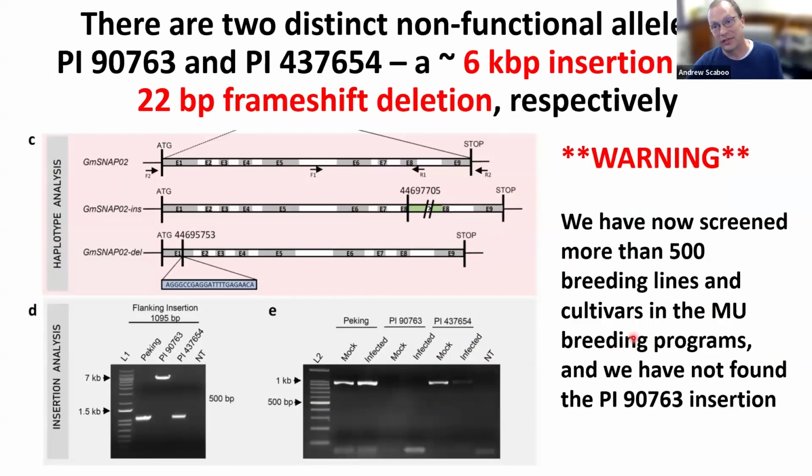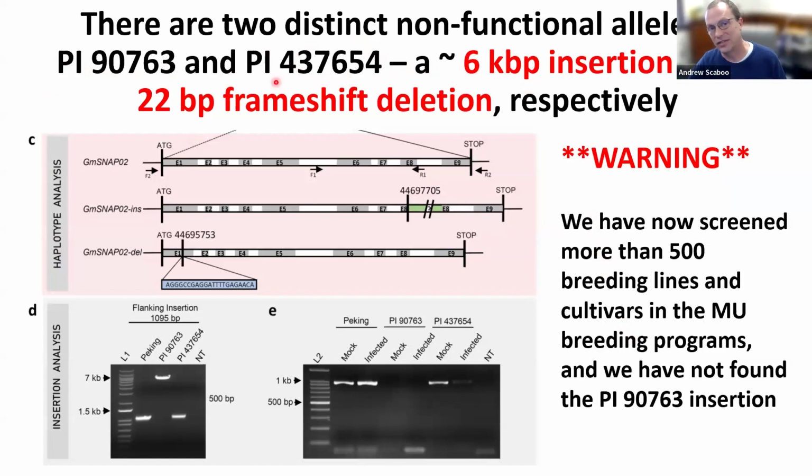And what we discovered, with some help from a lot of people, including Max Group, using genomic information on these indicator lines, we found that there were 2 different alleles. One in 9763 was the result of a very large insertion in the gene.